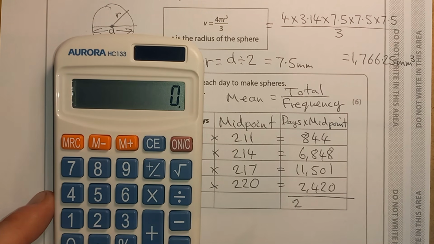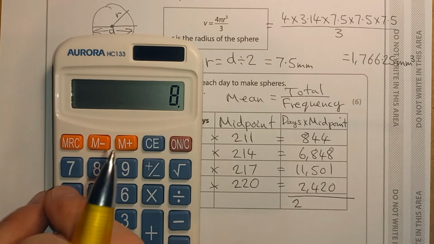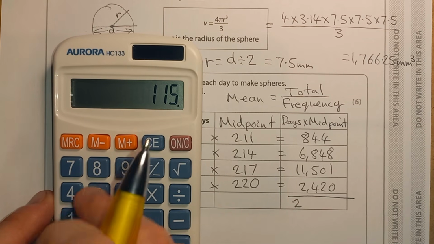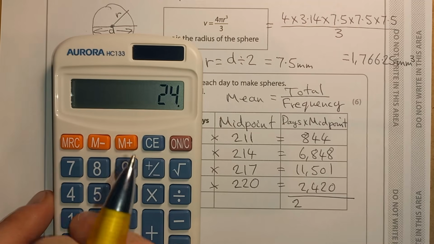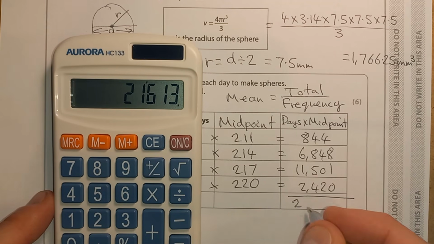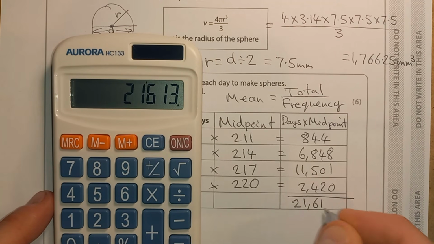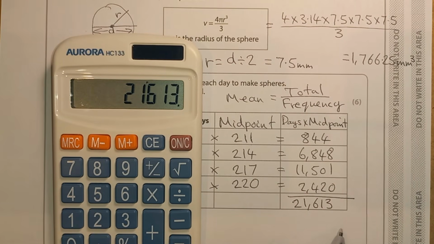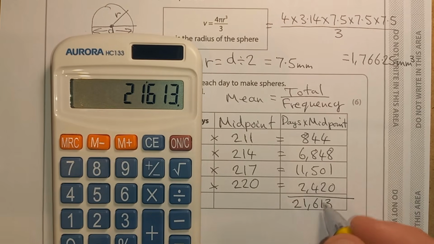Something doesn't look quite right there. Let's check that again. 844 plus 6848 plus 11501 plus 2420. No, that is right. 21,613. But that's why it's often good to add these up or give them a look. If it doesn't look right, try it again just to make sure.